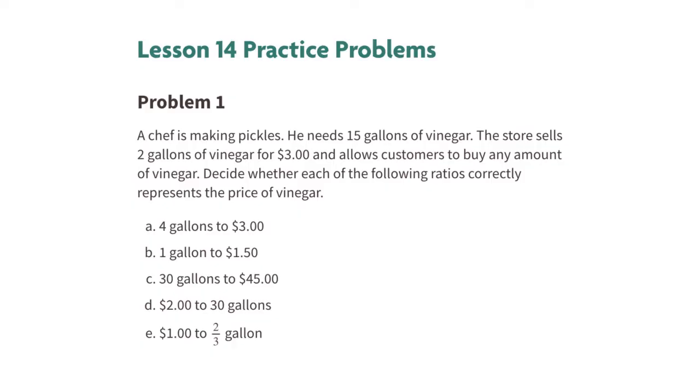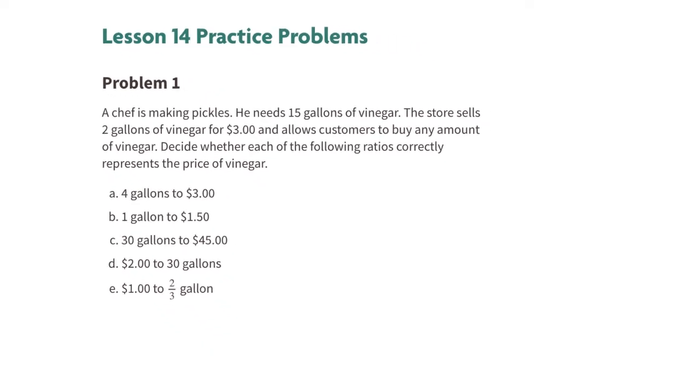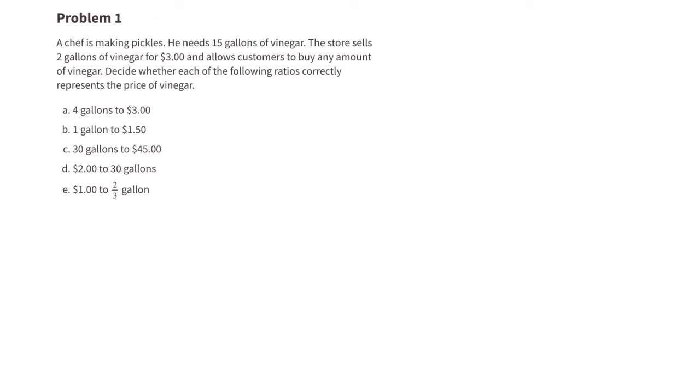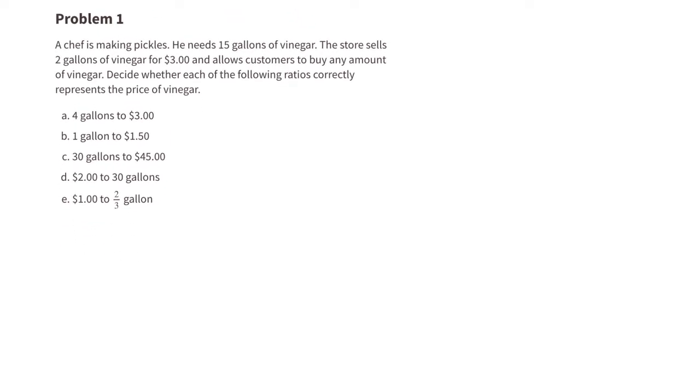So now it's time to just practice and keep working on it. It says a chef is making pickles, and he needs 15 gallons of vinegar. The store sells 2 gallons of vinegar for $3 and allows customers to buy any amount. So decide whether each of the following ratios correctly represents that given price.